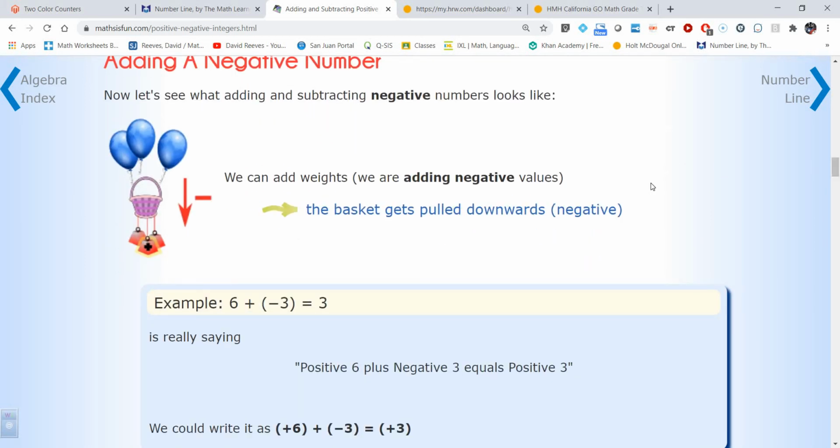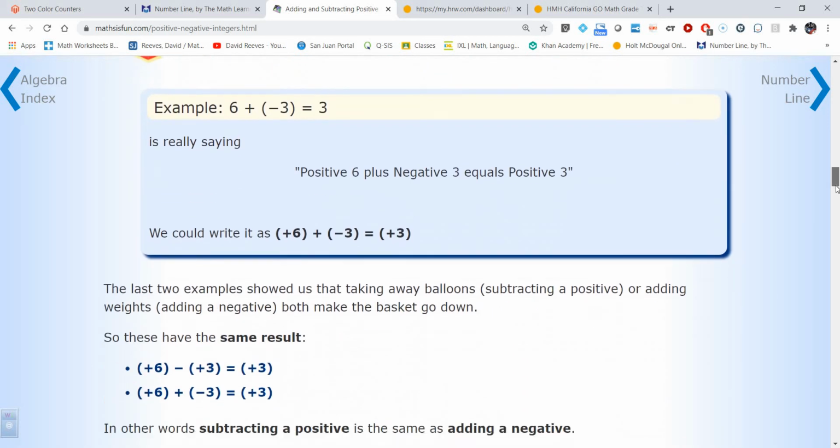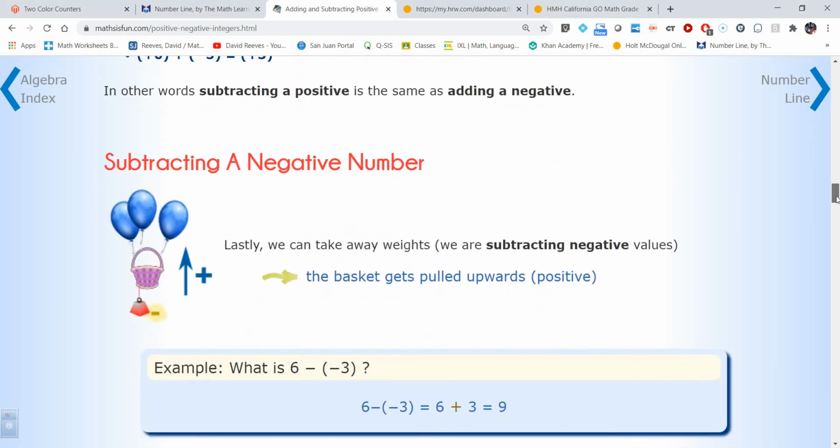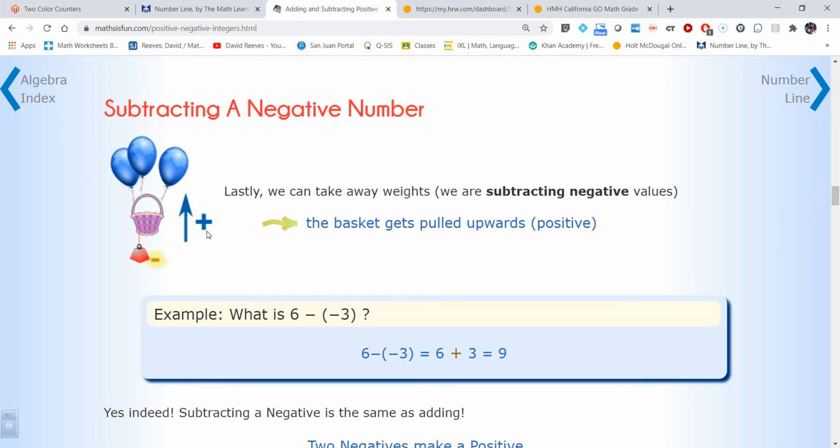But we can do that same thing with subtraction. How can we make the basket go up by subtraction? We can subtract a negative. We could subtract a negative, okay? So subtracting a negative. Take those weights away. Think about it, okay?